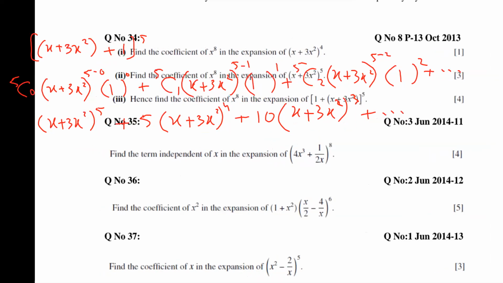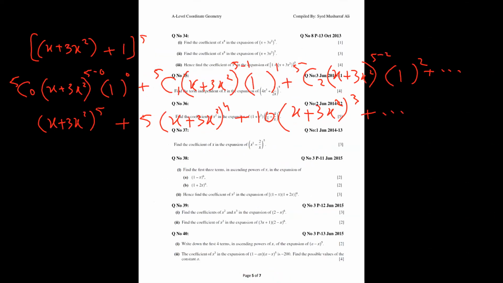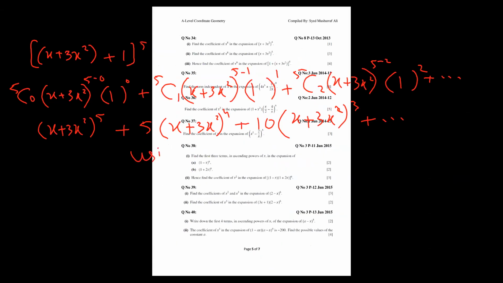Plug in the values using part one and part two answers. So, here we have three answers. If you write all three, good. If you write one term only, no problem at all. For the sake of understanding, I'm writing all three terms.